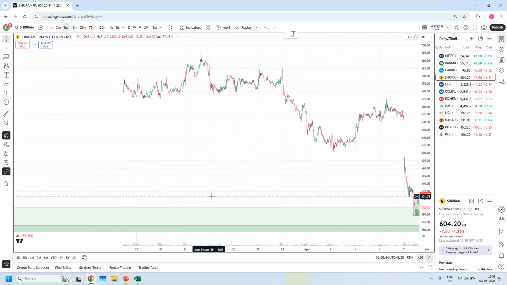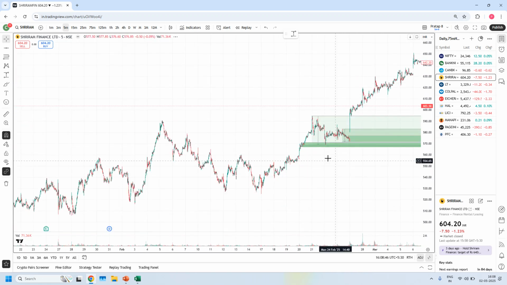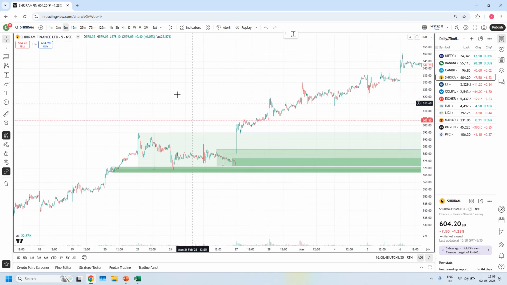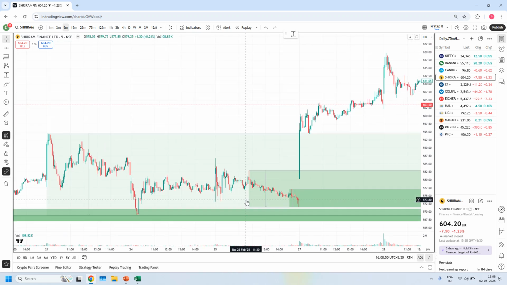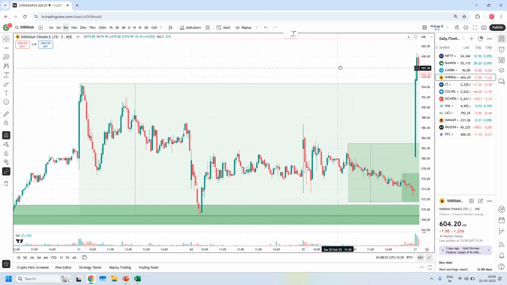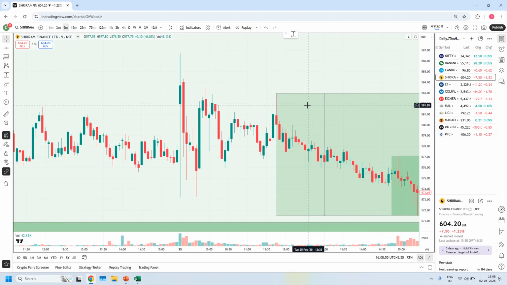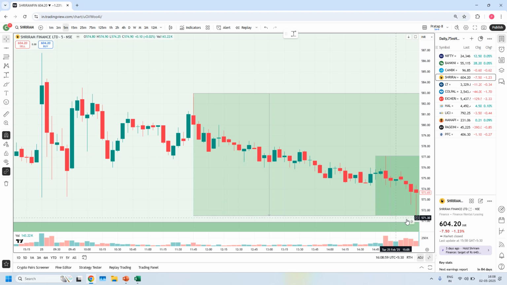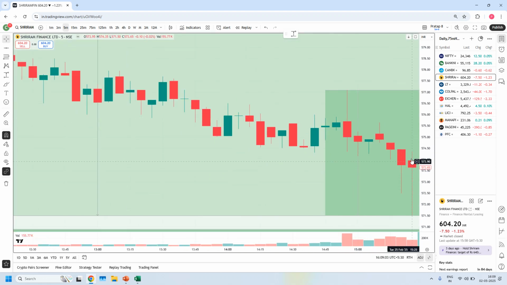But look into this 15 minutes. Here I didn't draw a 5-minute structure. Why? Because the moment I hide this candle, this candle is looking like a failed ERC candle. This one, a large candle.